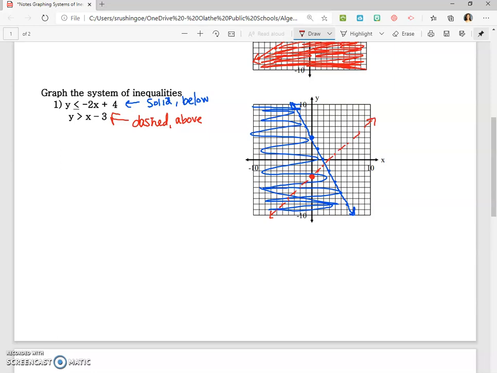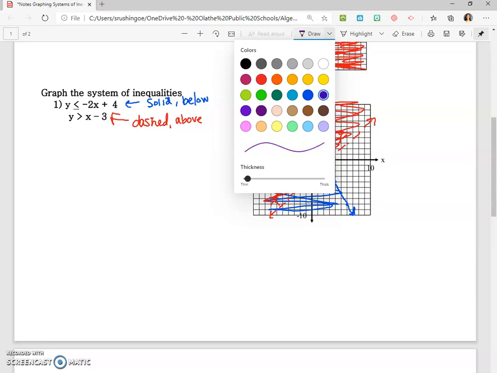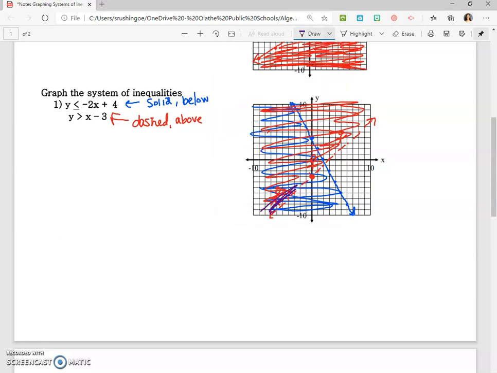So I am going to be looking at this line as if I were on the escalator and the blue's not there. Above would be here, above would be here, above would be here. So where my person is riding the escalator, so that's all above. So you can see, I'm going to highlight it in purple, that this is my overlapping section that has the blue and the red.